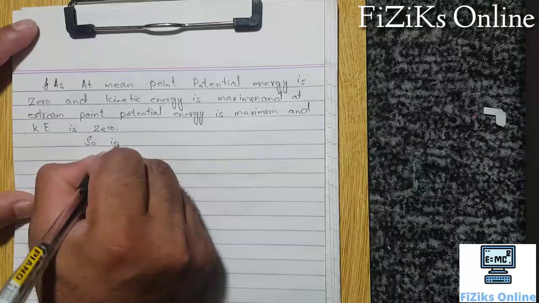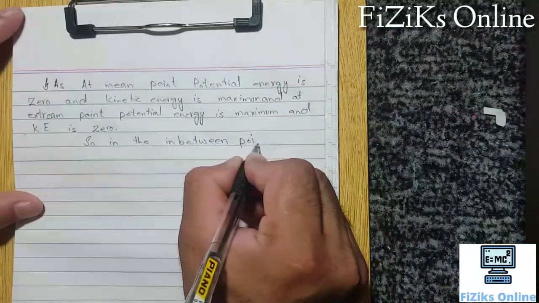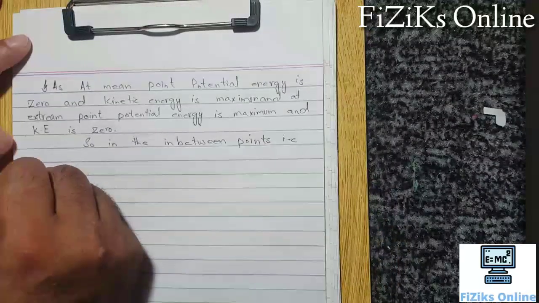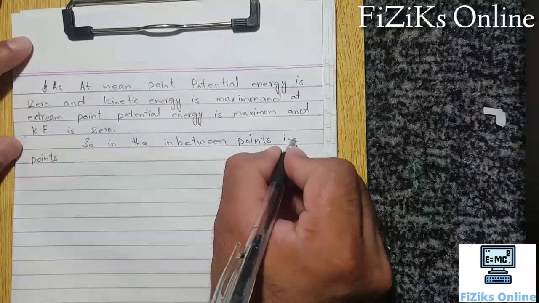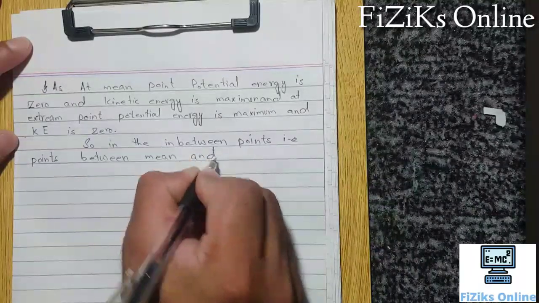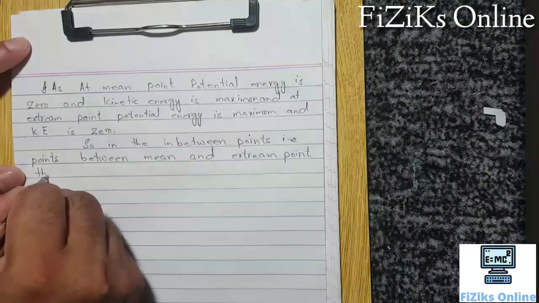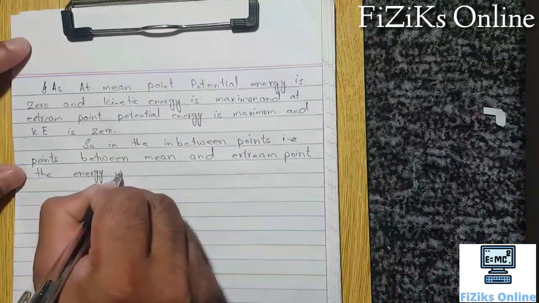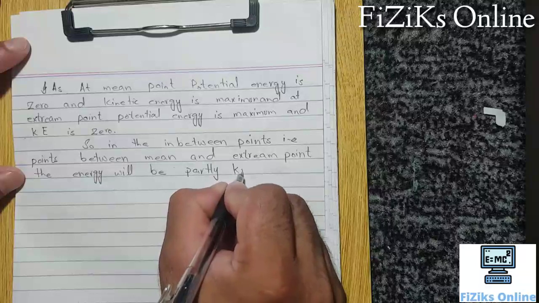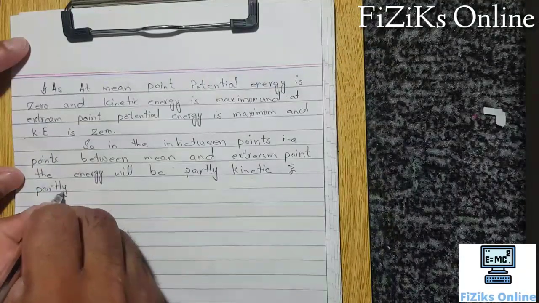So in the in-between points, that is points between the mean and extreme point, the energy will be partly kinetic and partly potential energy.